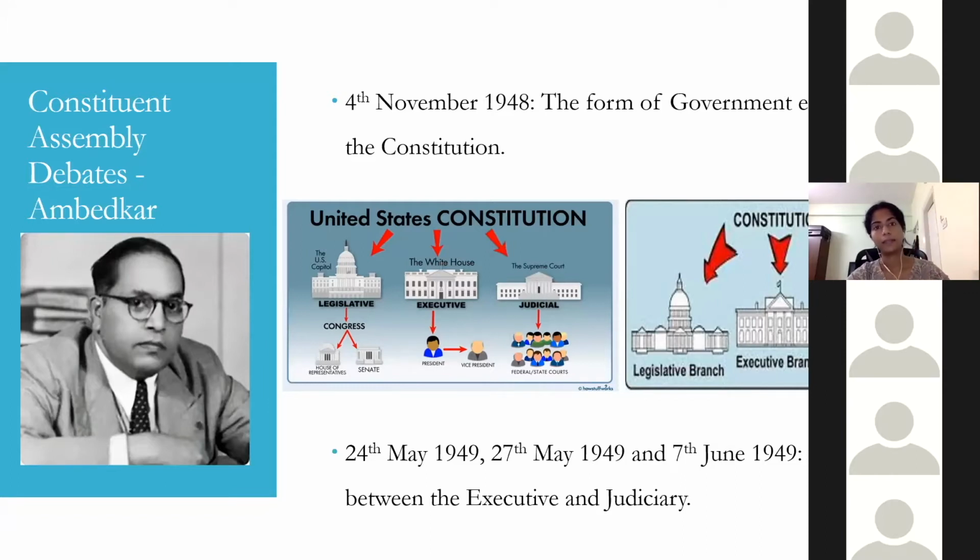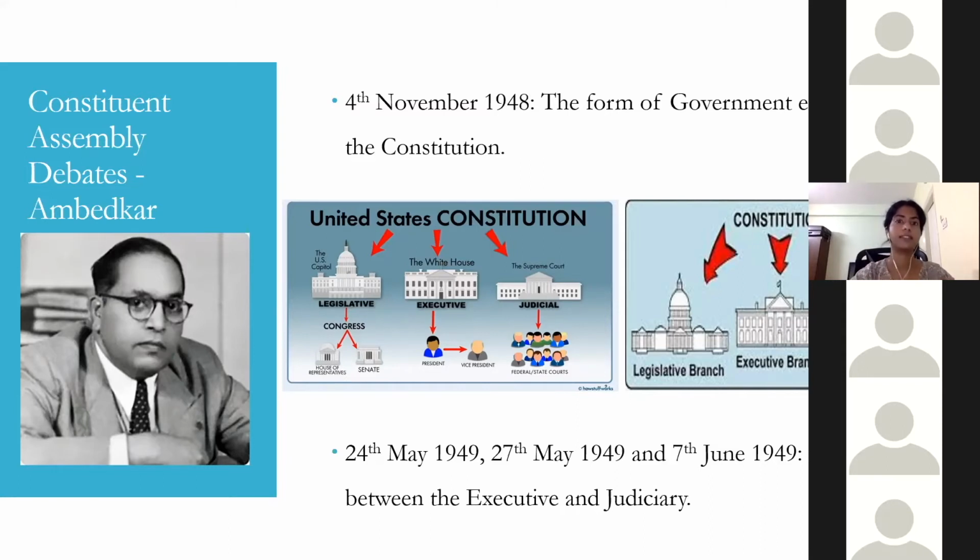Then in another speech on 27th May 1949, there was also an intervention by Ananthasayanam Ayyangar, where he states that every constitution should provide for an independent judiciary, executive, and legislature. All three are equally important and independent, he argued. Over here, he said that if the salaries of the judiciary were to be fixed with the approval of the president, it destroyed the independence of the judiciary, and the rights of the judiciary shouldn't be reduced in such a way.